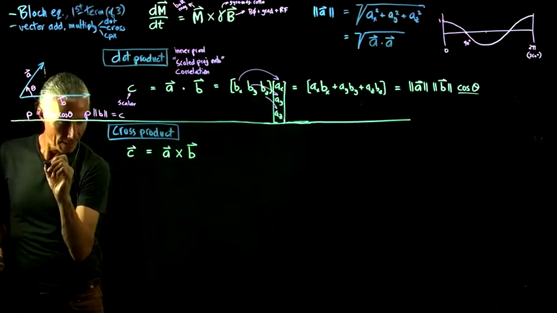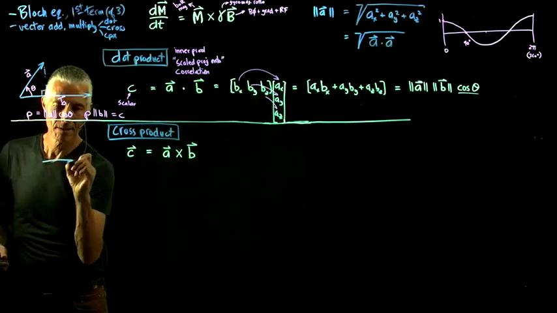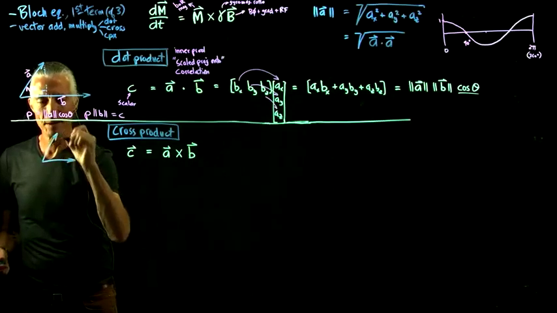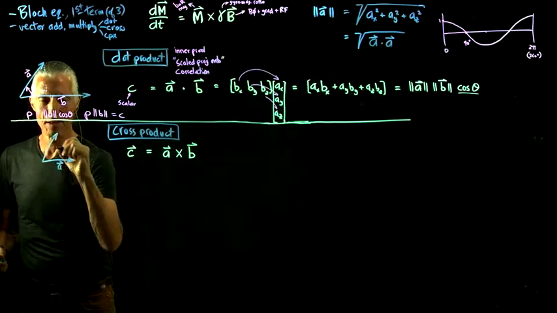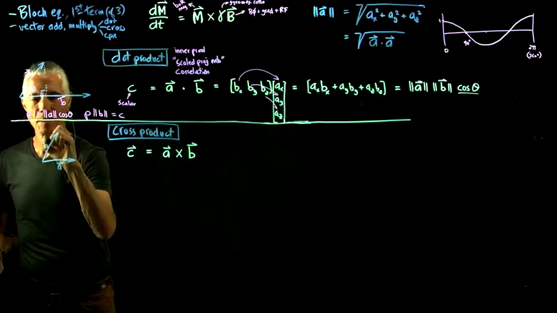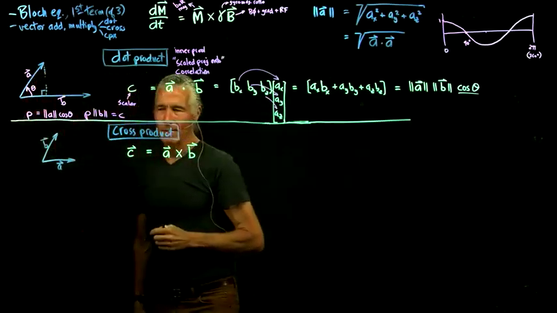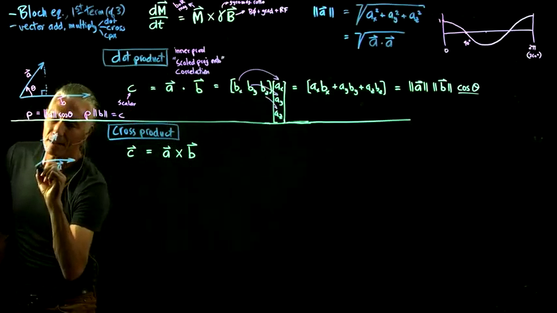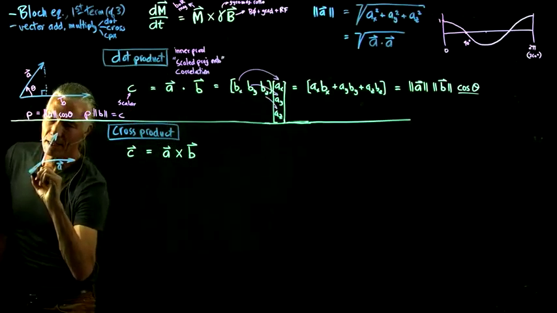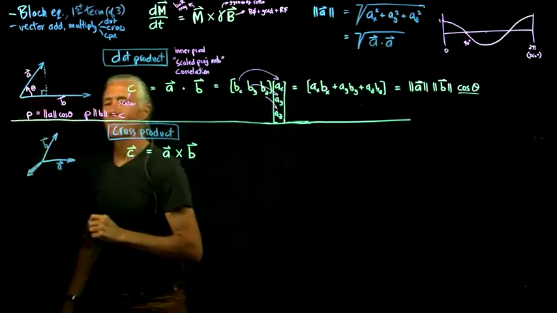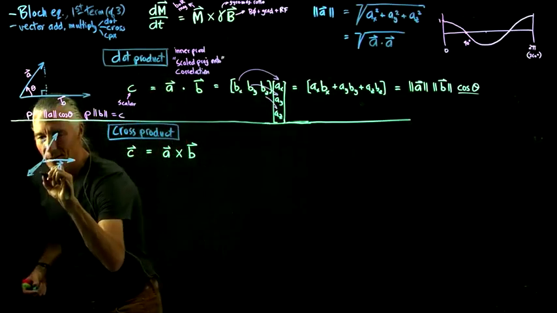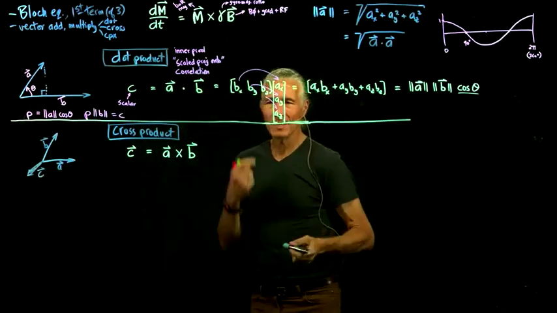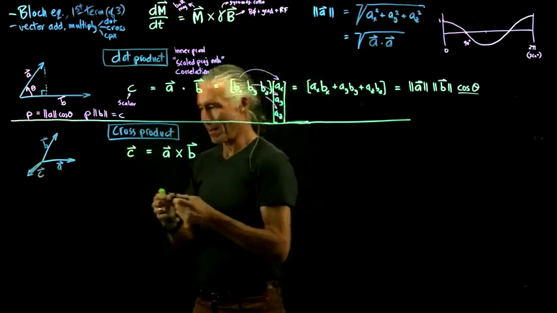So if we've got, say, here's vector A and here's vector B. That's a vector A and vector B. The cross product result basically sort of comes out at you like that. So that's our C. So when we calculate the cross product, we end up with another vector that's perpendicular to both of them.